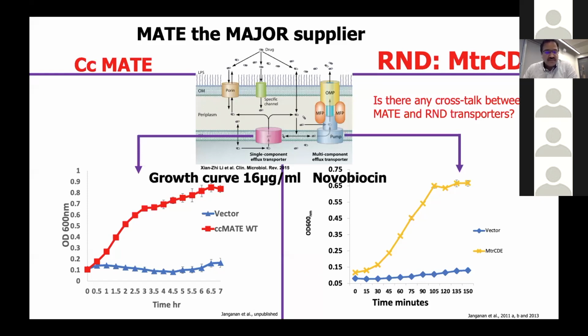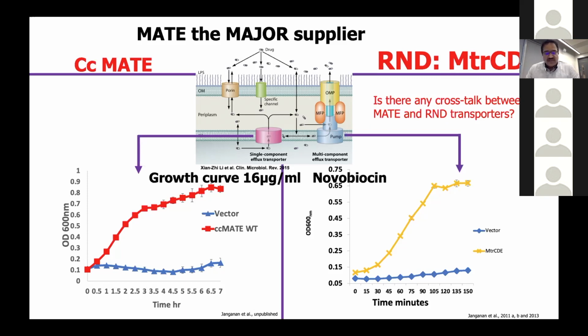At the same time, MAT transporters can only transport substrate to the periplasm. And what happens if these molecules are not captured by RND? The cell can't cope with the excess accumulation of drugs in the periplasm. That means there must be some cooperative or synergistic action between MAT and RND transporter in order to efficiently transport these molecules out of the cell.